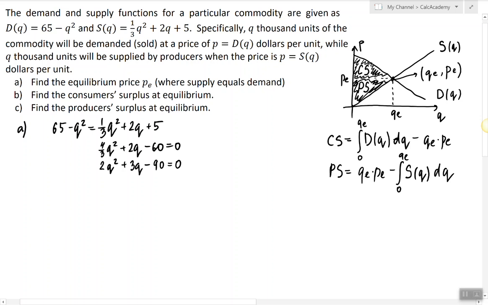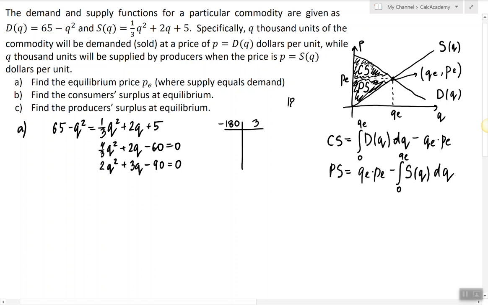and we're going to solve this quadratic equation, and I'm going to try to factor it. So I'm looking for two numbers whose product is negative 180, and the sum is 3.